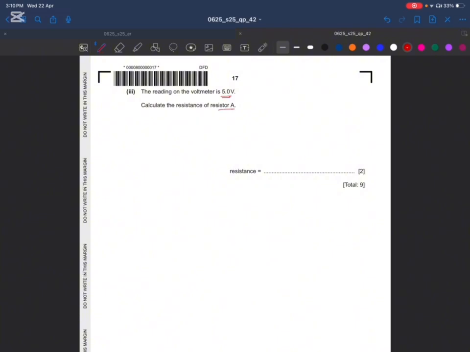Calculate the resistor A. So you know that if you want to calculate resistor A, you can write RA, which is V divided by I, and this will give you the result as far as the resistance is concerned. They have given you the potential as 5, and the current in resistor A is 2.